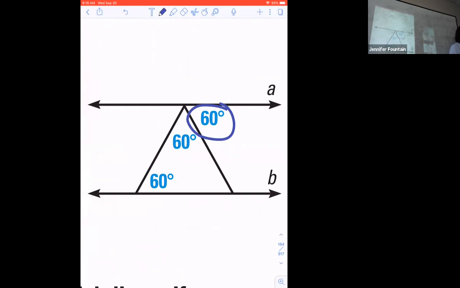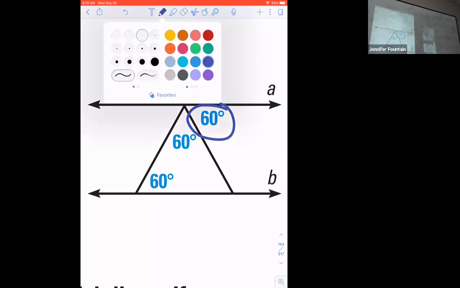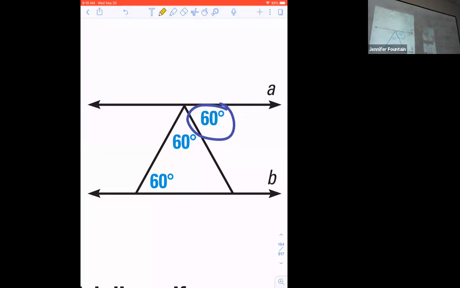Do I have one? The 60 on the lower side is a linear pair with that angle that's unlisted, and that unlisted angle is also an alternate.